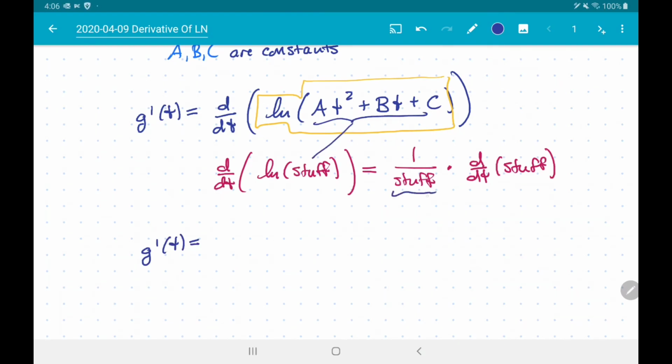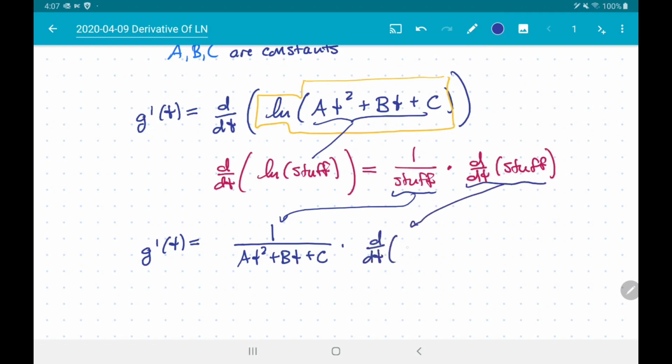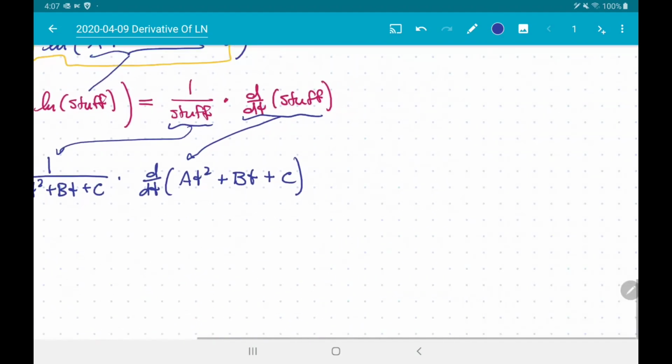Okay, so following this rule, I'm going to write 1 over this stuff, at squared plus bt plus c, and then multiply by the derivative of that same stuff, a t squared plus bt plus c. So that's applying the rule for the derivative of the logarithm.